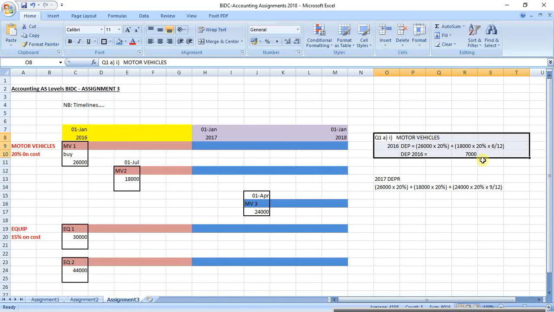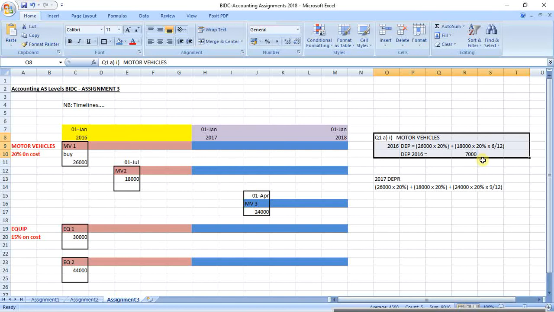And then show the working. Bracket, 26,000 times 20%, close brackets, plus 18,000 times 20% times 6 over 12, close brackets. Answer there, 7,000.